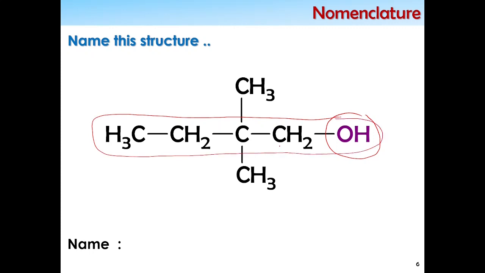So how many carbons are there? 1, 2, 3, 4. If this one is 4 and OH is attached to carbon number 1, the parent chain for this one is 1-butanol. Butanol refers to a 4-carbon alcohol, and there is a substituent here, methyl, and this one also methyl. Both are attached to carbon number 2, so this is 2-methyl and this is also 2-methyl.